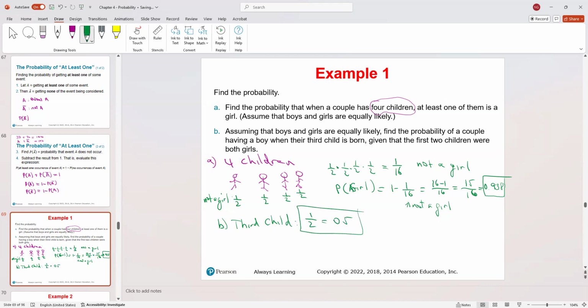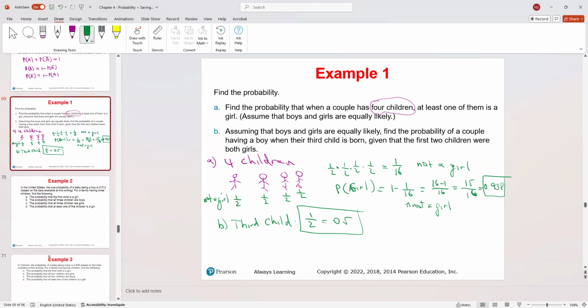So that would be the probability of a couple having a boy when the third child is born, given that the first 2 children were girls. Okay, so that means we already know the only chance to have a boy on the third one is 1 out of 2, because we already know the first 2 are girls, so we don't need to fight for it.